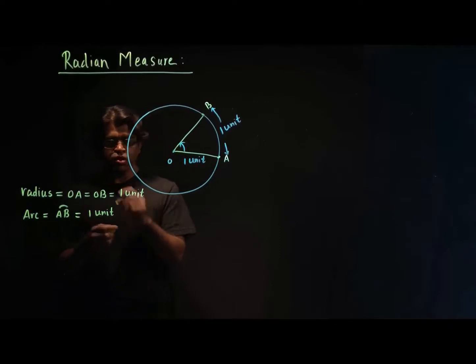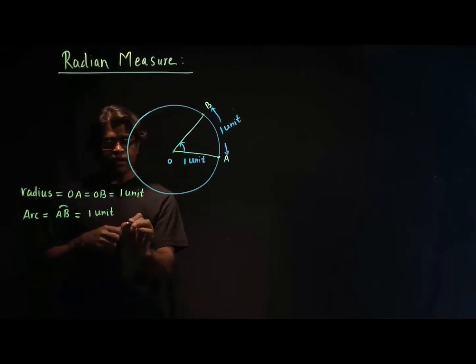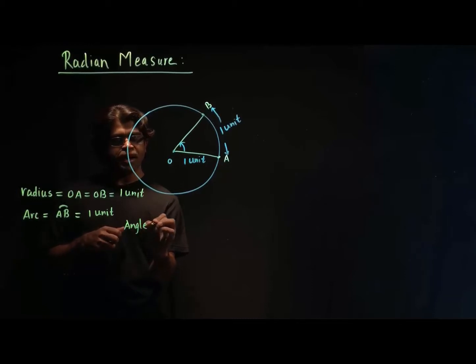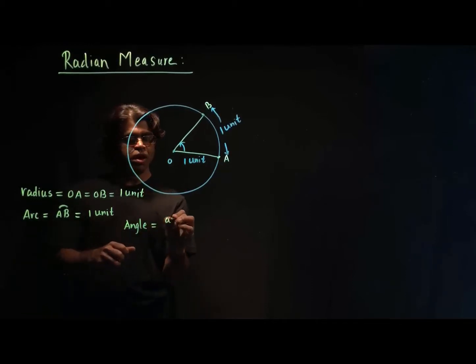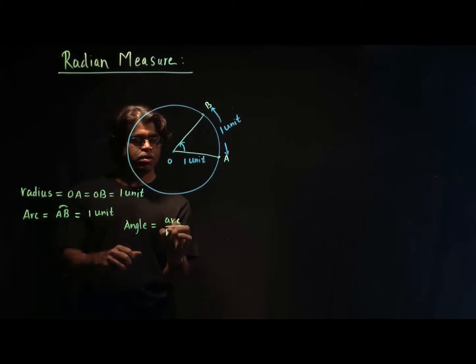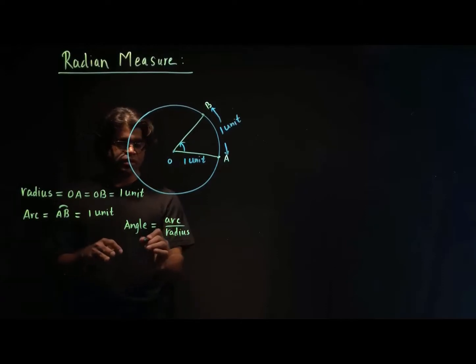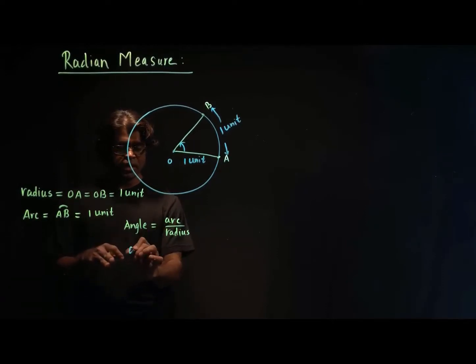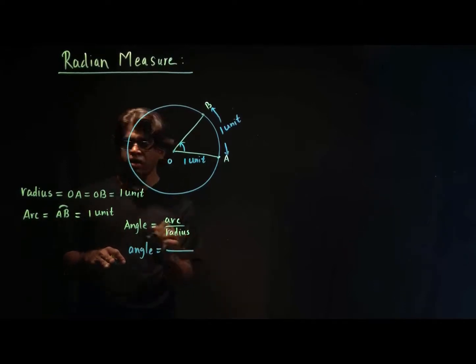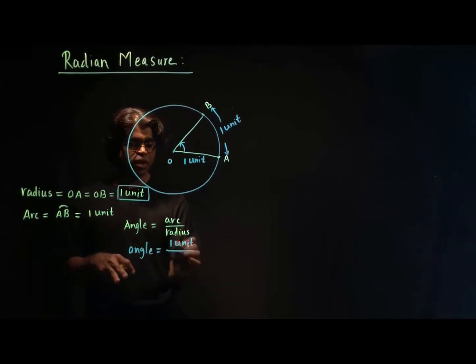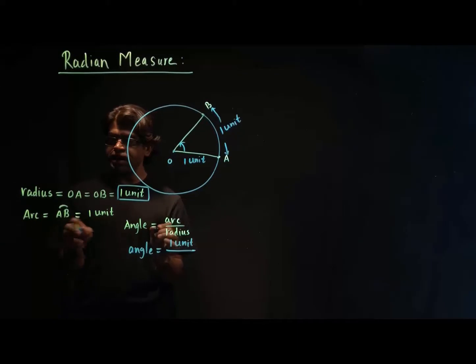So we all know that angle is equal to arc over radius, right? As you can see, I want to find the angle. So my angle is equal to arc, and the arc is 1 unit, so I'm writing 1 unit over radius.